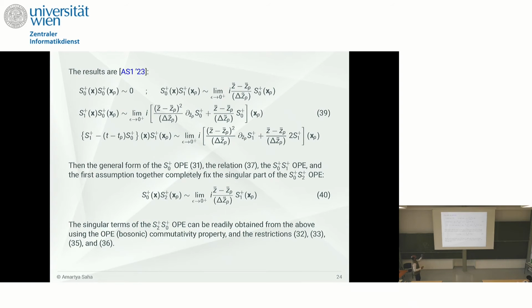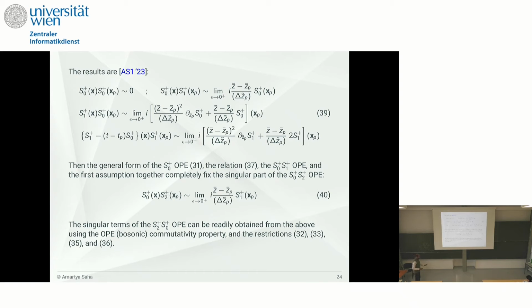So under these assumptions, and respecting the ansatz that I showed you, we can directly find the S0 plus and S1 plus OPs like this, completely fixed. And now, from the knowledge of this OP, 39, we can fix this S0 plus S2 plus OP to be exactly this.